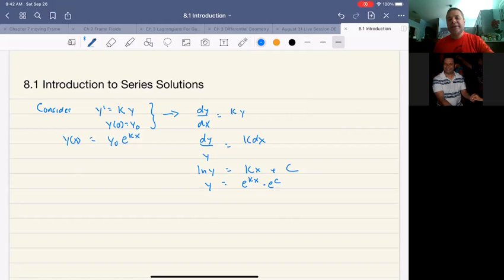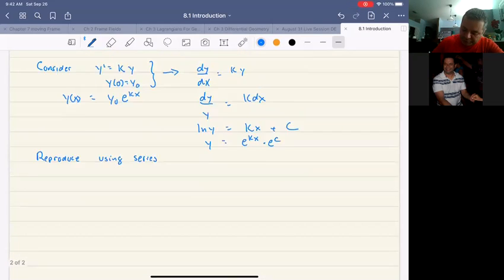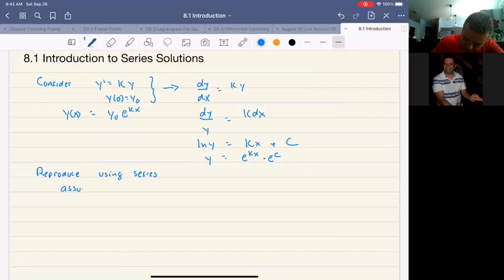So let's go ahead and start. We're going to assume that we have some series solution. So we assume that y of x equals the sum, and we're going to start from n equaling 0.